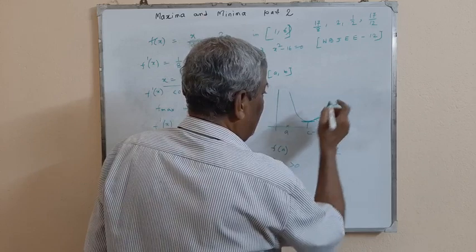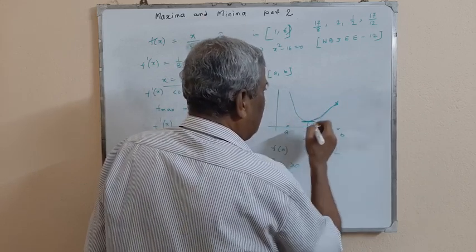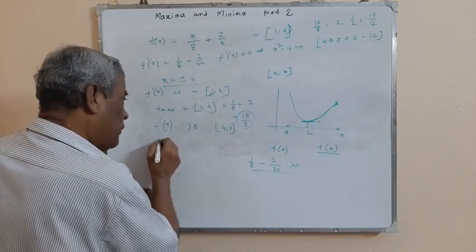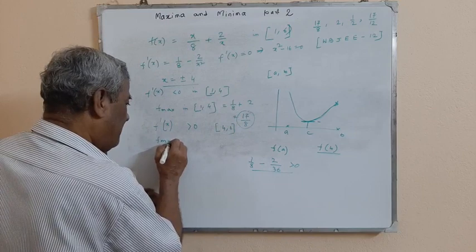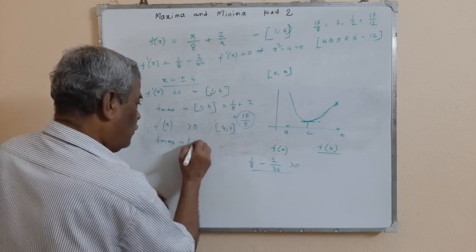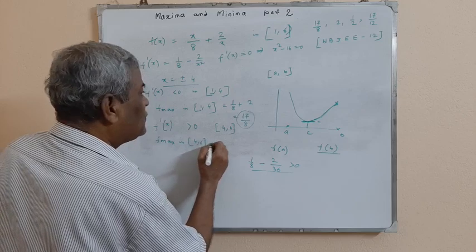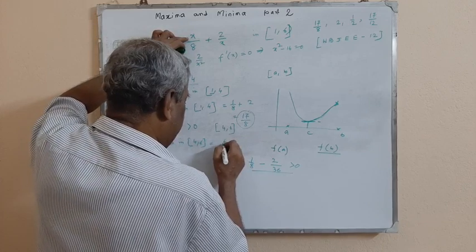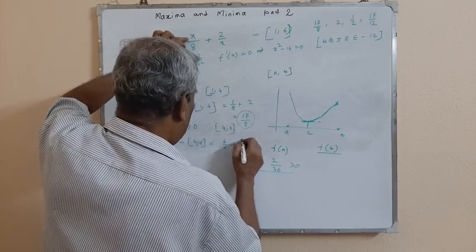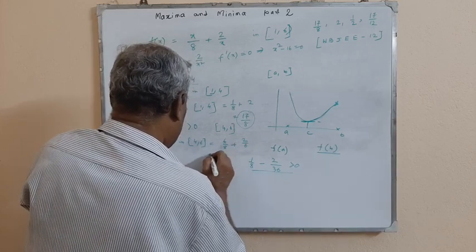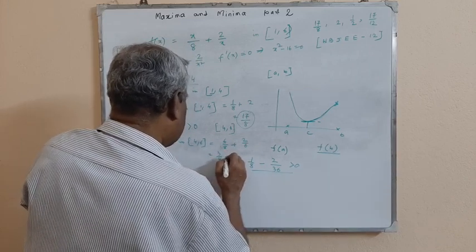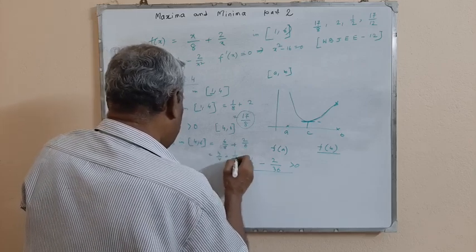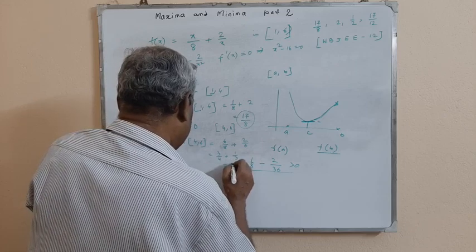Because it is increasing, its maximum value must be at the end point, that is at x is equal to 6. So for that range, f max in 4 to 6 is equal to, at 6, 6 by 8 plus 2 by 6, that is 3 by 4 plus 1 by 3, 9 plus 4, that is 13 by 12.